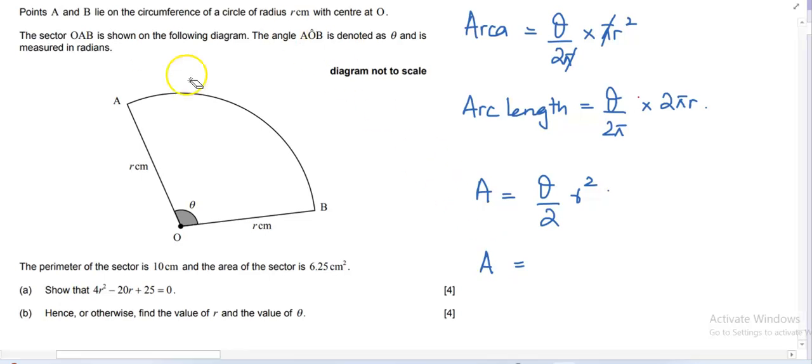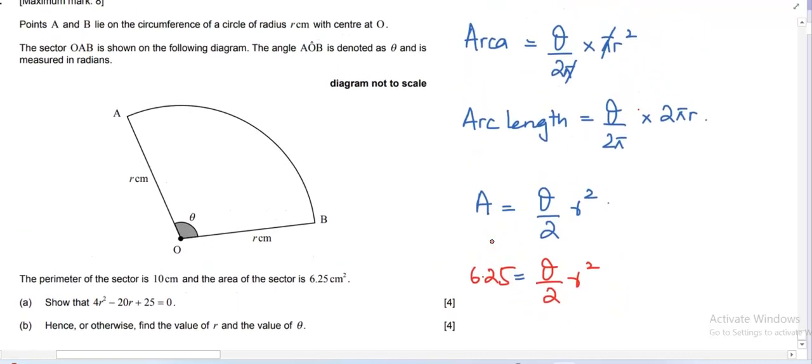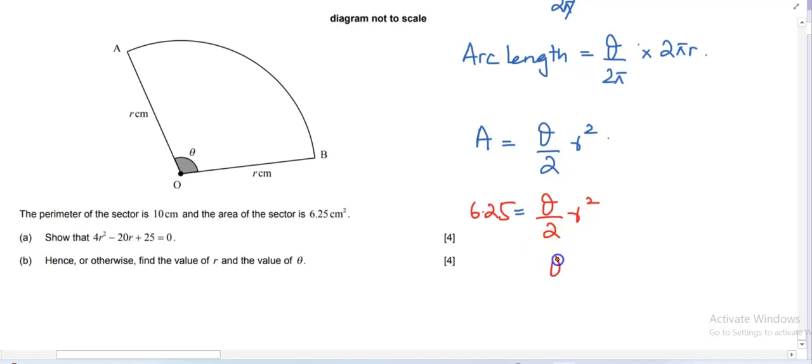The area of the sector is given as 6.25, and we have area as theta divided by 2 times r squared. Because the radius is not given, we need to write it in terms of theta and r squared. So theta r squared equals 12.5. That is the first equation that I get from the area.